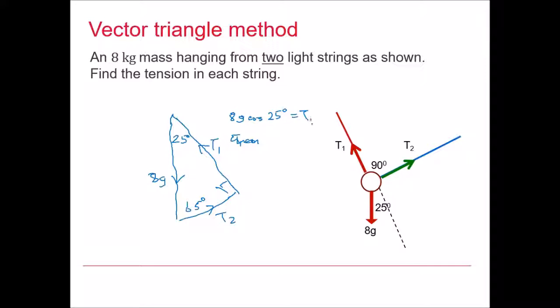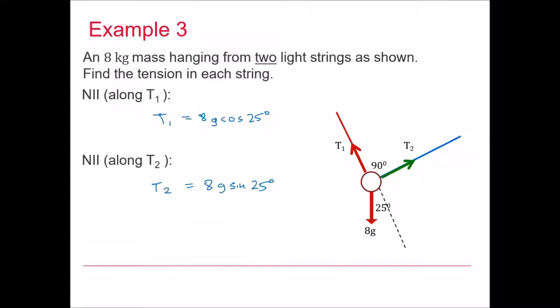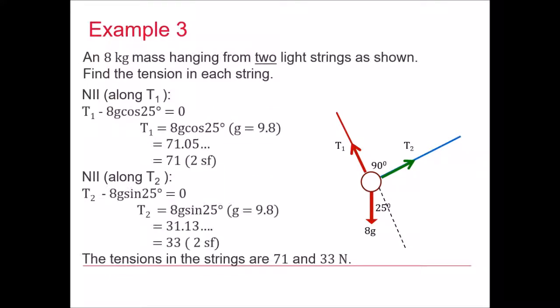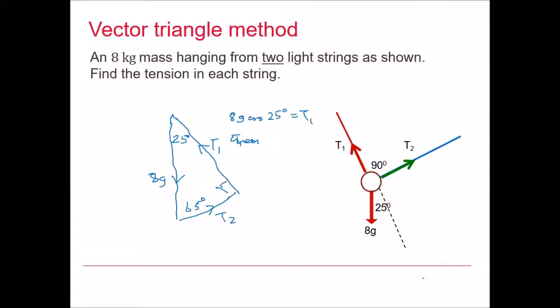That's what would be the analysis of that triangle. And if I go back to the previous slide, not two slides but one, there we are. T1 is 8g cos 25 figures on this line here. So that would be an alternative approach because you've got three forces only.